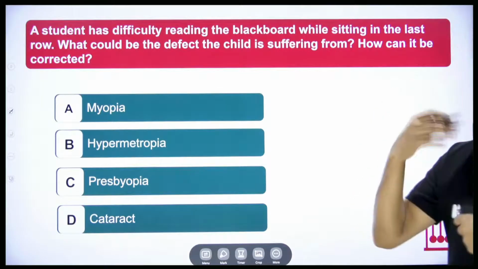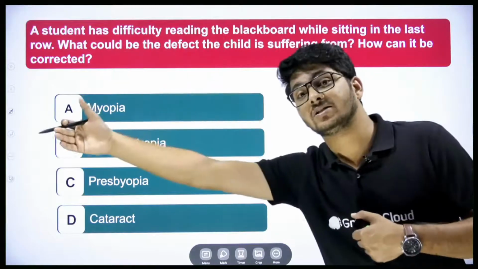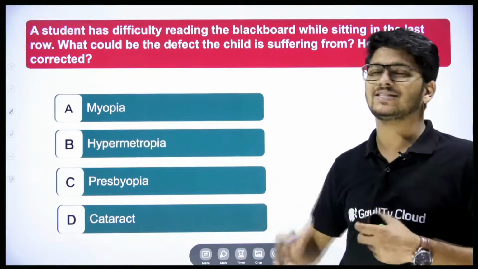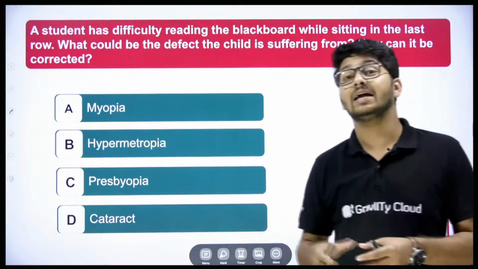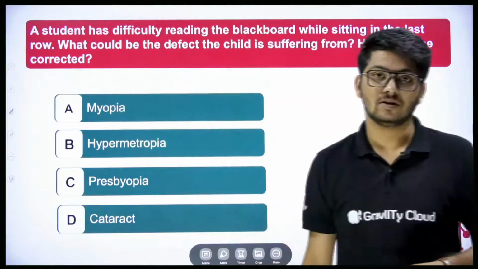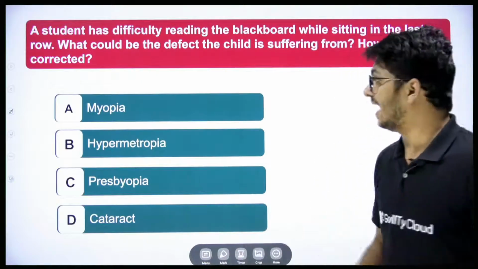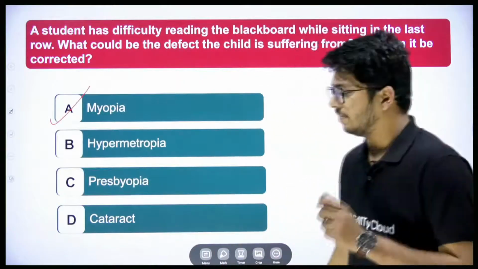That means that student is not able to see far distance. Obviously, the blackboard will be far. So if he or she is not able to see the blackboard clearly, he or she is not able to see far objects clearly. If he or she is not clearly able to see far objects, that defect will be myopia.